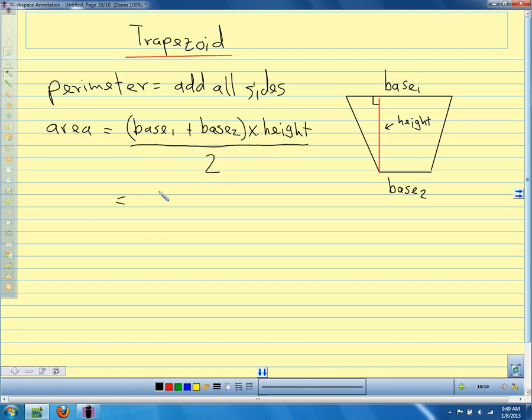The way we usually write that is B1 plus B2 times H divided by 2. Another way we could say it, which means the same thing, is 1/2 B1 plus B2 times H. 1/2 is the same as dividing by 2. So all of these mean the same thing. We add the two bases, multiply by the height, and divide by 2.